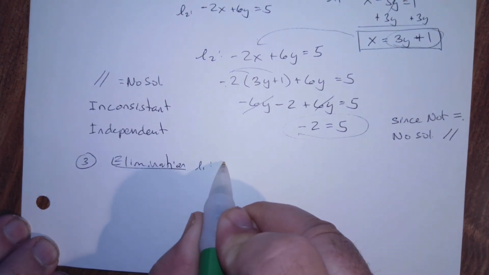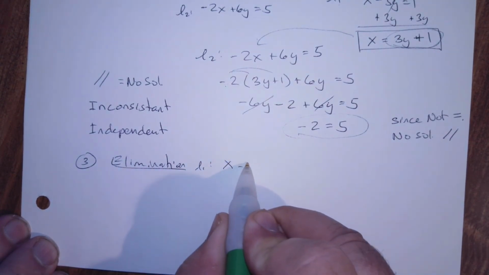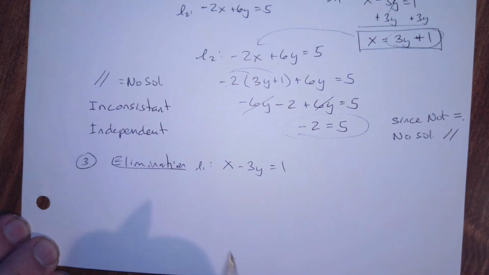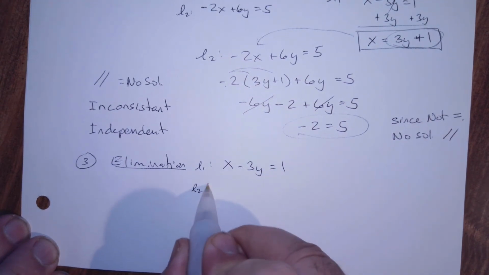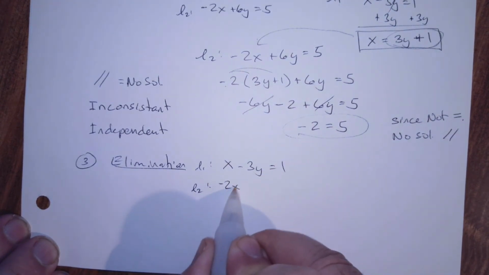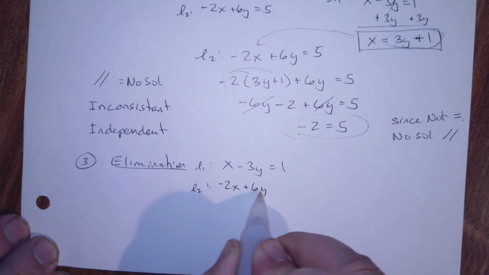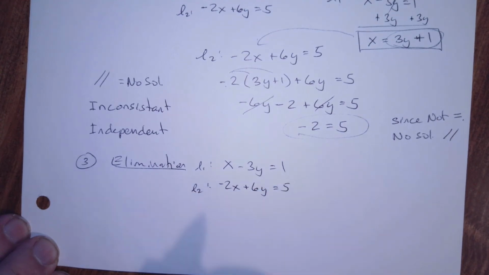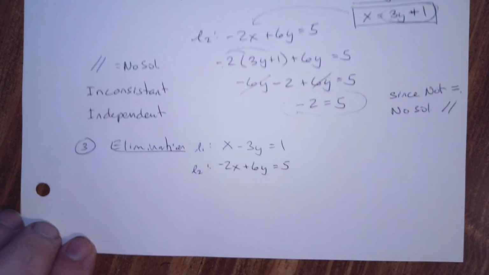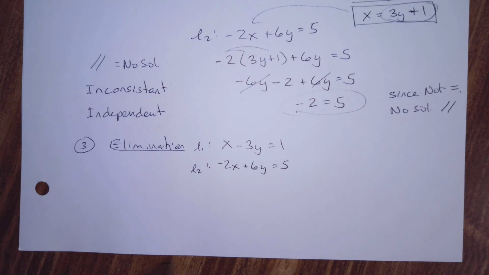So line 1 was x minus 3y equals 1. Line 2 is -2x plus 6y equals 5. Again, in elimination, choose a variable to get rid of. Well, let's just get rid of x's.